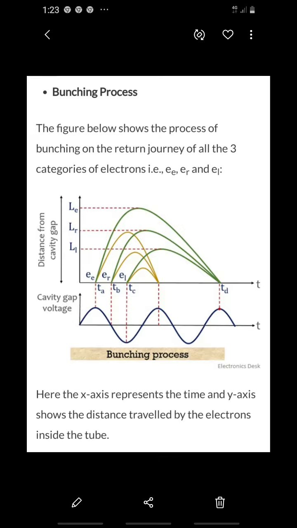The figure below shows the process of bunching on the return journey of all three categories of electrons, that is early electron, reference electron, and late electron.